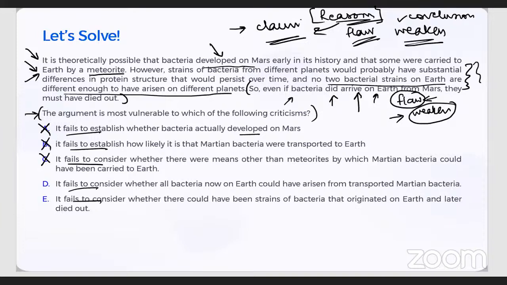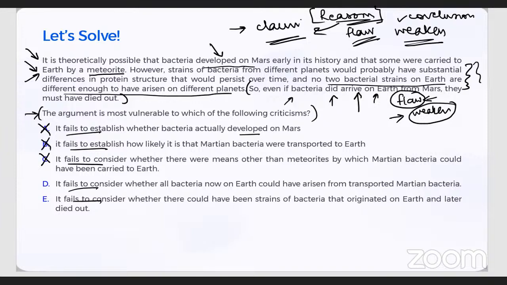So they're saying that no two bacteria on earth are different enough to actually be from other planets. But one thing that the argument is not taking into consideration is that maybe all the bacteria that is presently there on Earth could have originally come from Mars through meteorites or whatever. If all the bacteria that is presently on Earth have actually come from Martian bacteria, then there would be no distinct Martian bacteria left, right? They're all from Mars.